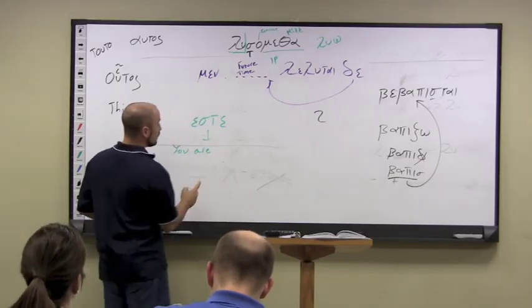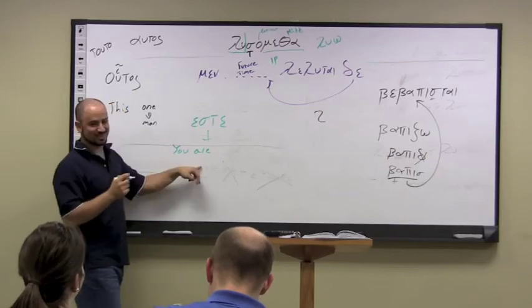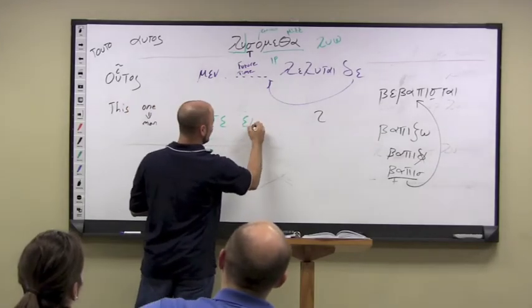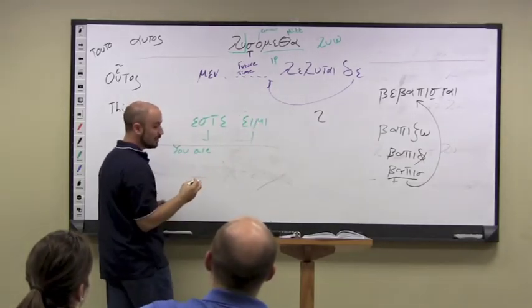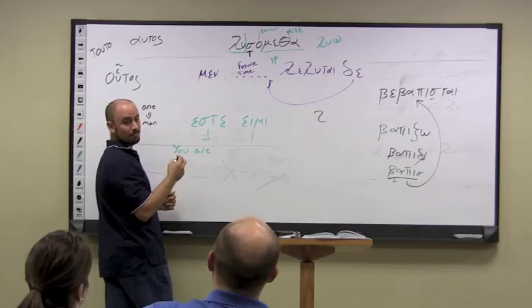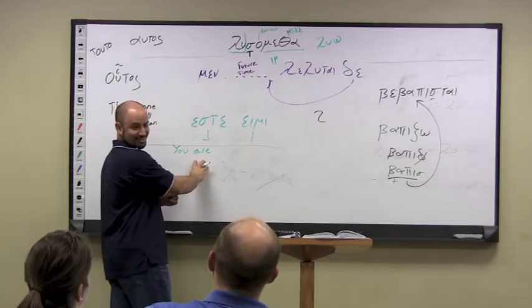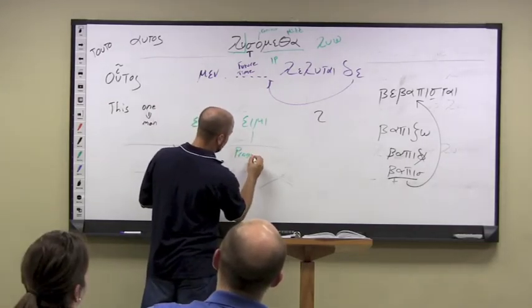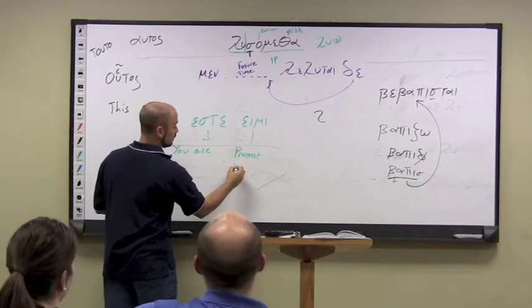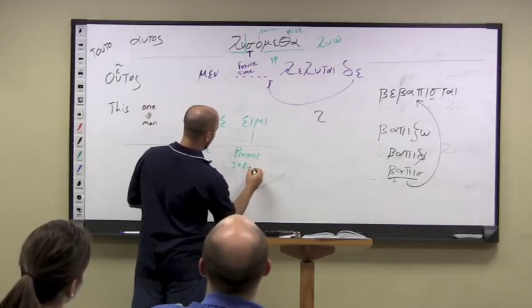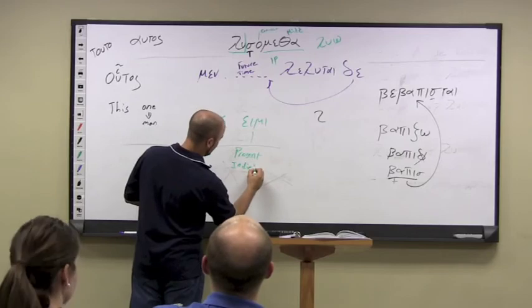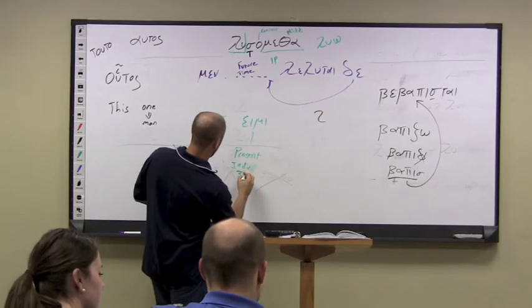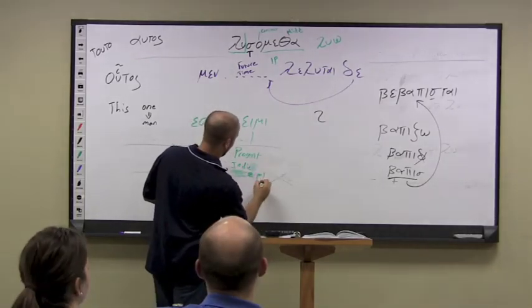Lexical form is eimi. Good. Tense is present. We don't have voice for your to-be verb. Second person plural present indicative.